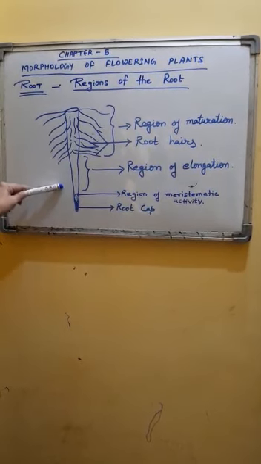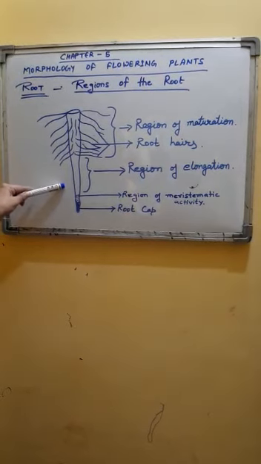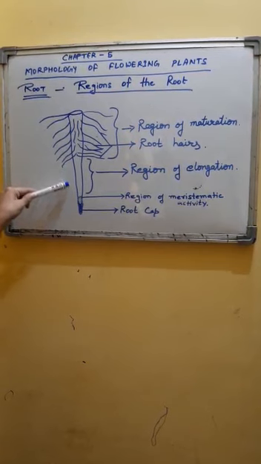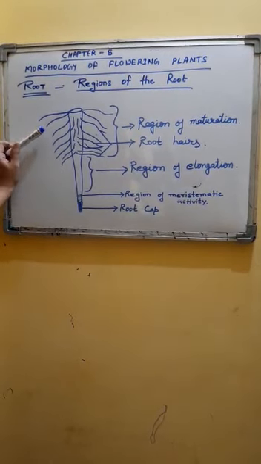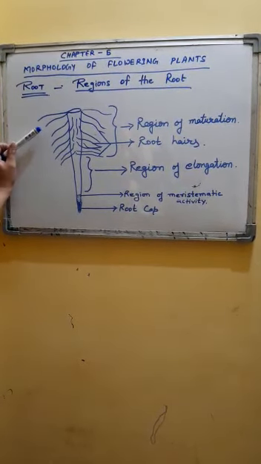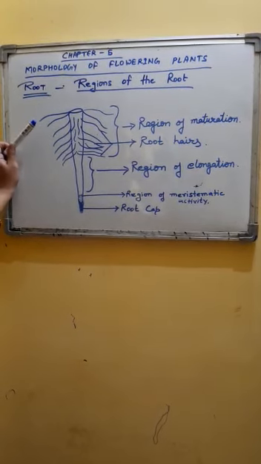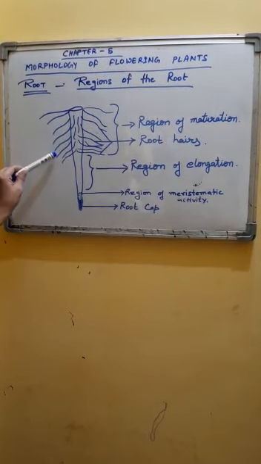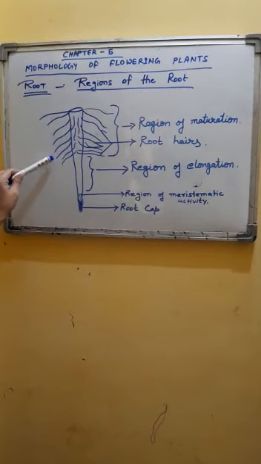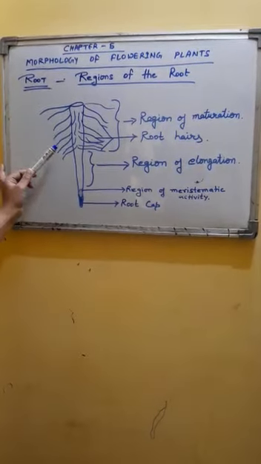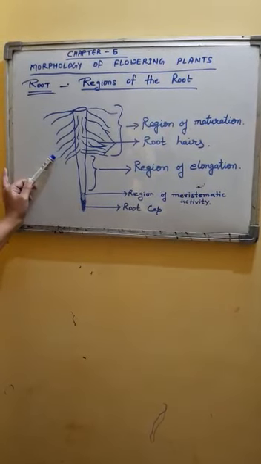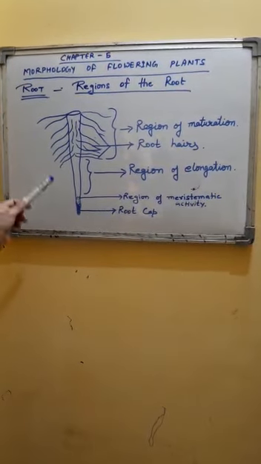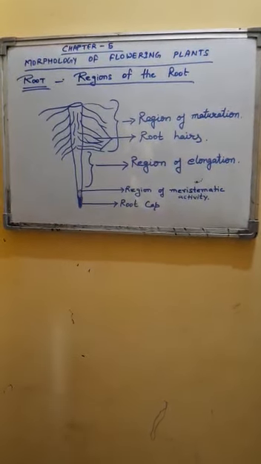After that, region of elongation, where cells elongate and grow rapidly, and after that region of maturation, where cells are matured and differentiated. This is the region from where the root hairs, which are structures formed of epidermal cells, arise. These root hairs help in absorption of water and minerals from the soil. So these are the regions of the root.